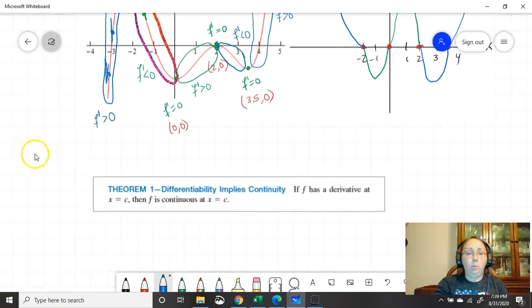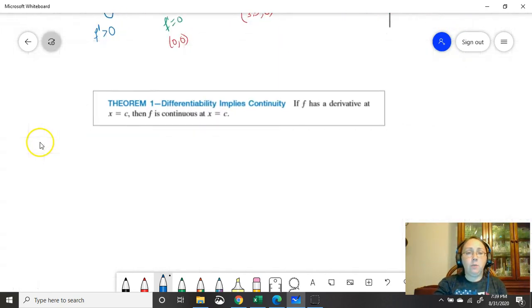All right, one more thing I want to talk about. Differentiability implies continuity. If you are differentiable along your curve at a point, then f has to be continuous. There's actually a really cool proof of this theorem in the book, so if you have time, go check it out.